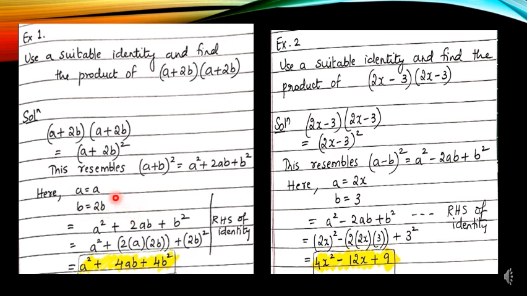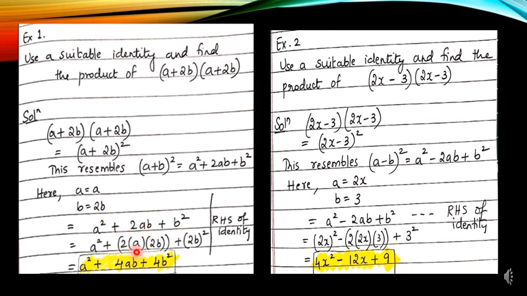So now the question is in the form of LHS of the identity, isn't it? So you should write the RHS of the identity, and then start substituting the values. A is what? A is a only. So a square is going to be a square. Then plus 2ab. So 2 will be as it is because it's a constant. And a is a, b is 2b.